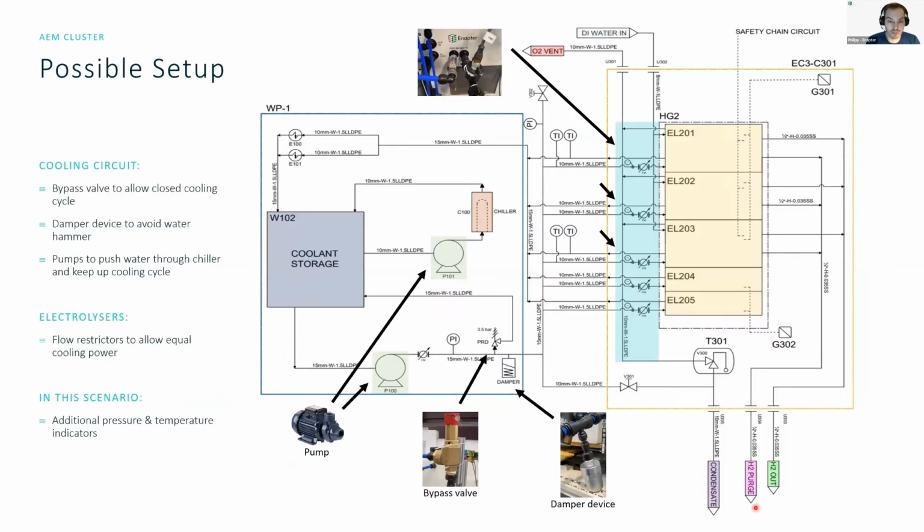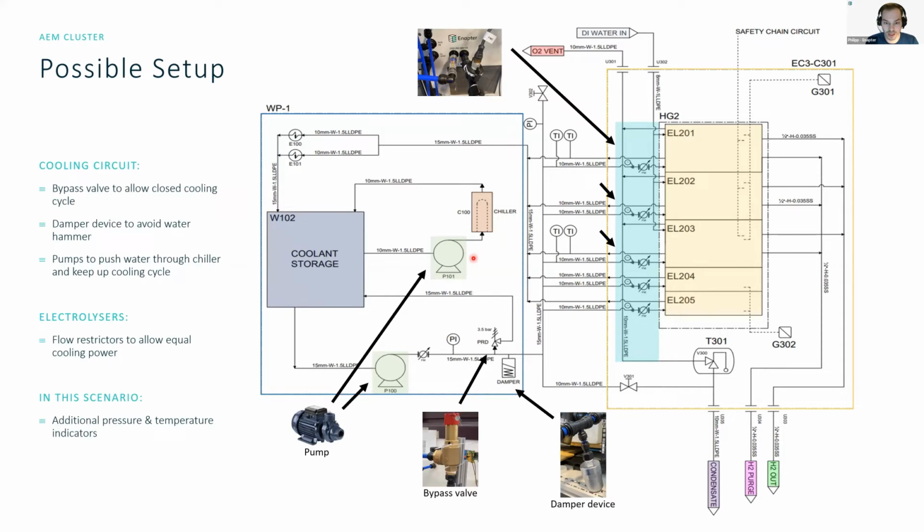So let's take a look at how a possible setup could look. I hope this is not too complex for the non-engineers in this session, but I'm trying to explain it roughly and, hopefully, clearly. On the left side, you basically have the cooling cycle. You have a storage where you store your cooling liquid.